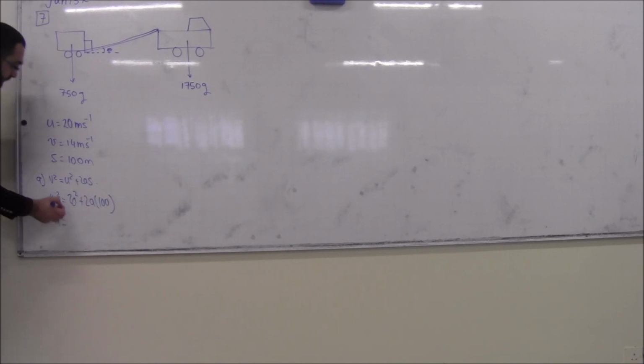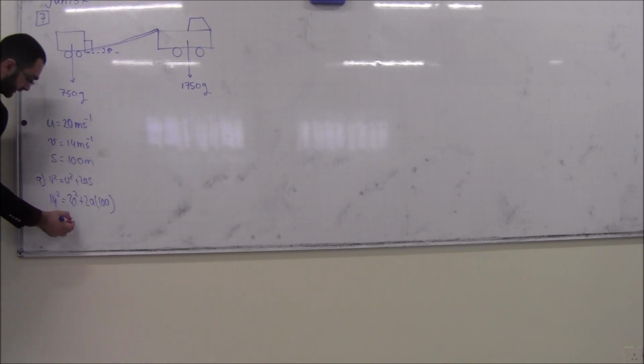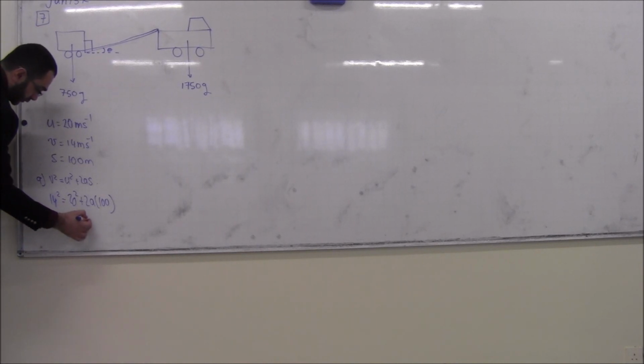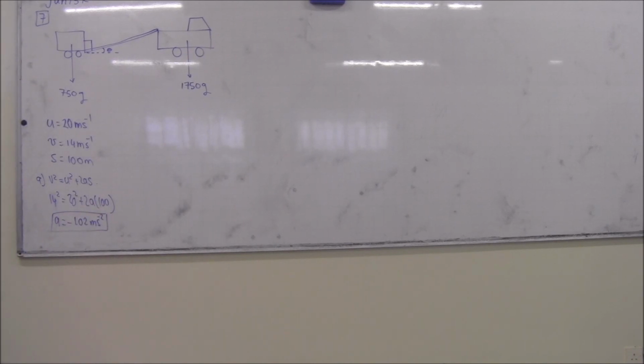A equals negative 1.02 meters per second squared. Negative because it's deceleration, right?